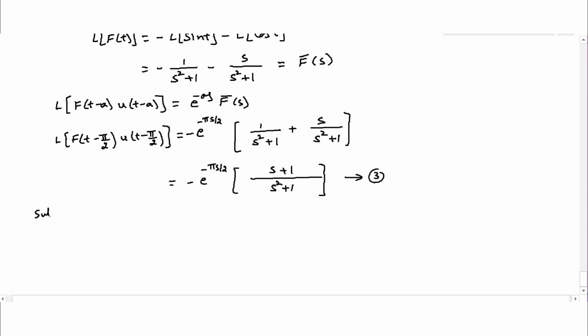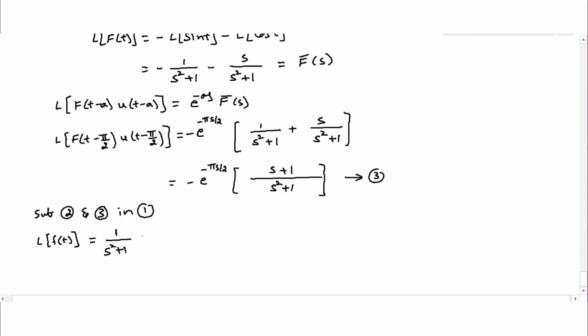I need to just plug in equation number 2 as well as equation number 3 back in equation number 1. So go back to equation number 1 and check it. This is the value you have: Laplace transform of f of t is equals to. The first term is obtained from equation number 2, which is the Laplace transform of sin t, so it will be 1 by s square plus 1.